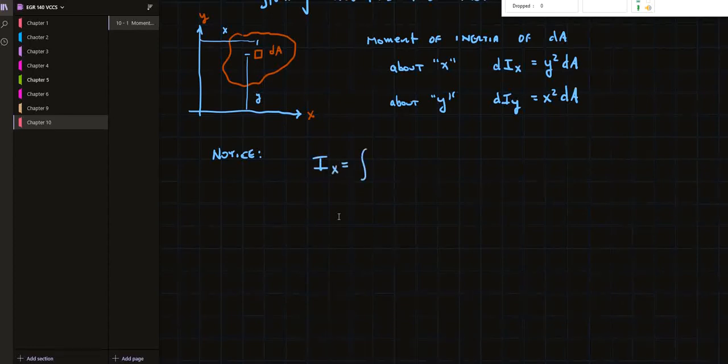Ix equals the integral of y squared dA, and Iy then is the integral of x squared dA.